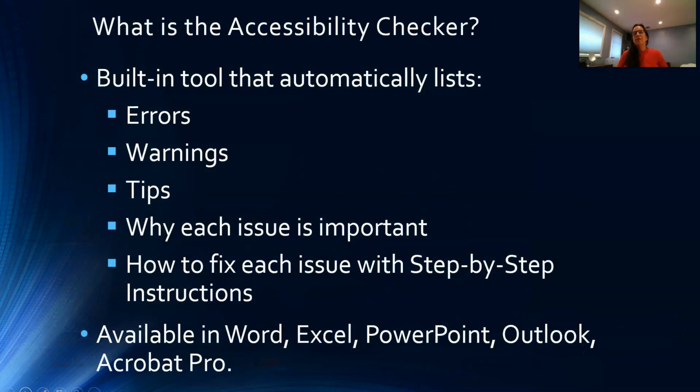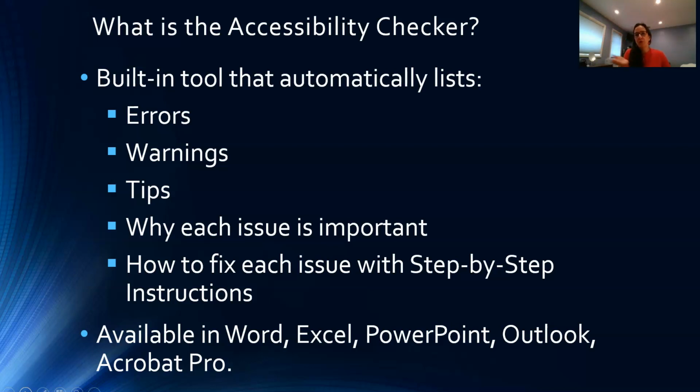Next, I want to tell you a little bit about the Accessibility Checker. This is a pretty cool built-in tool available in several applications like Word, Excel, PowerPoint, Outlook, and Acrobat Pro. It will tell you what potential issues with accessibility you may have in your documents or spreadsheets.